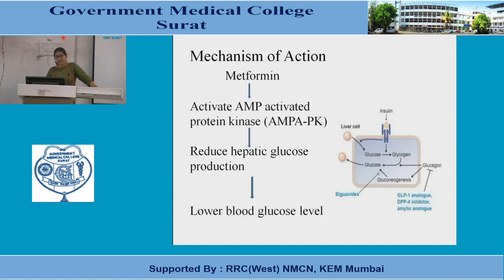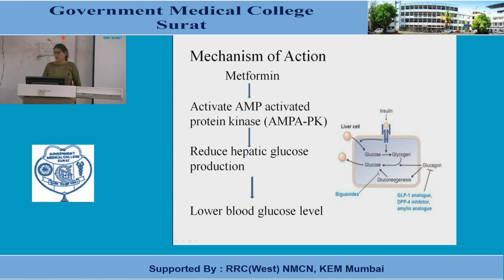So what is the mechanism of action of metformin? They activate the AMP-activated protein kinase and reduce the hepatic glucose production. So when this hepatic glucose production is lowered, it causes lowering of the blood glucose level.